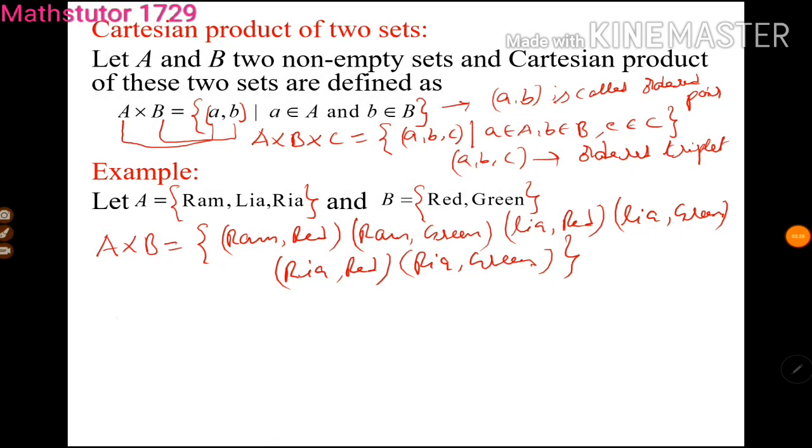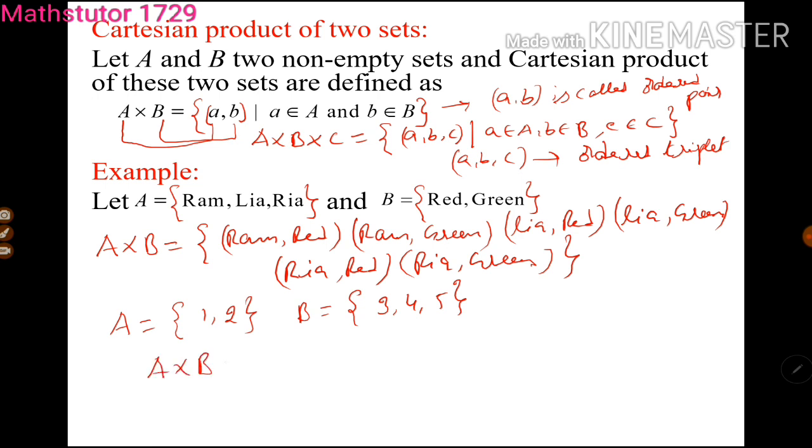Now come to another example. A equals {1, 2}. B equals the set of elements {3, 4, 5}. Now write the Cartesian product of these two sets.